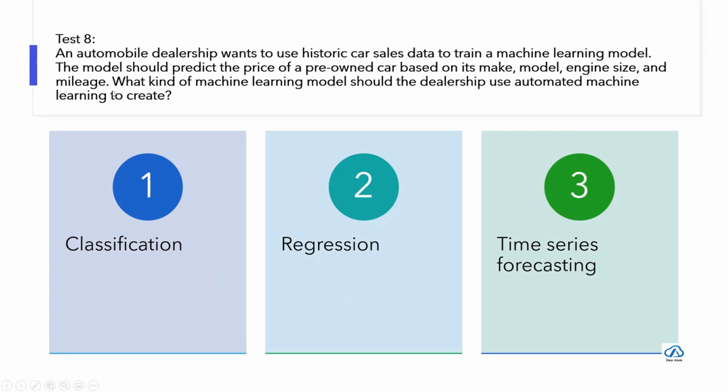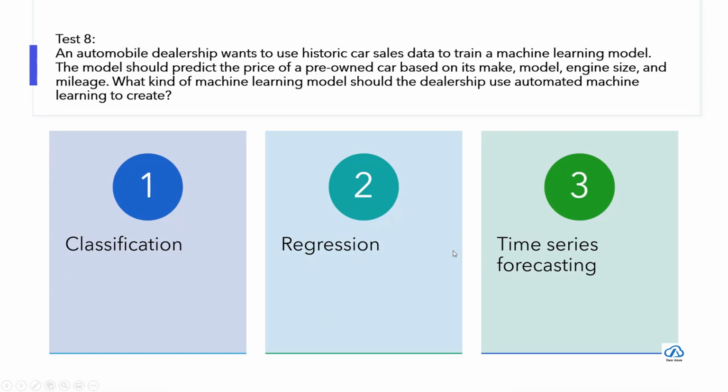Okay, the next one: an automated dealership wants to use historical car sales data to train a machine learning model. The model should predict the price of a pre-owned car based on its make, model, engine size, and so on. Which means you will have to train a model based on all those values. What kind of machine learning model should the dealership use in automated machine learning to create it?